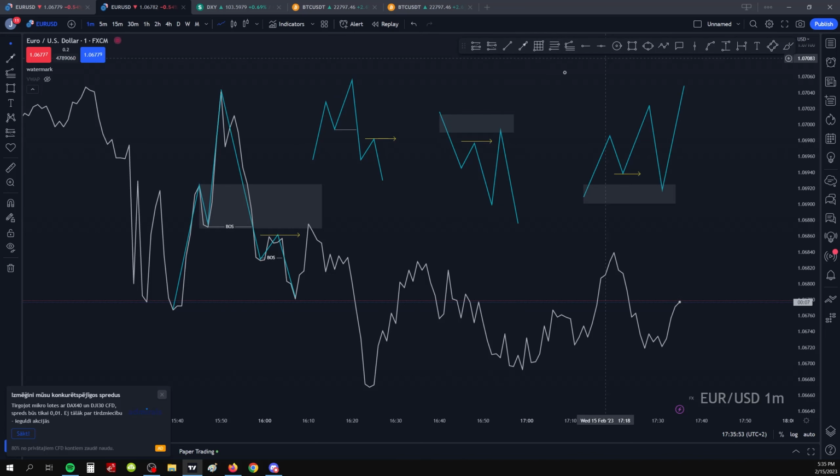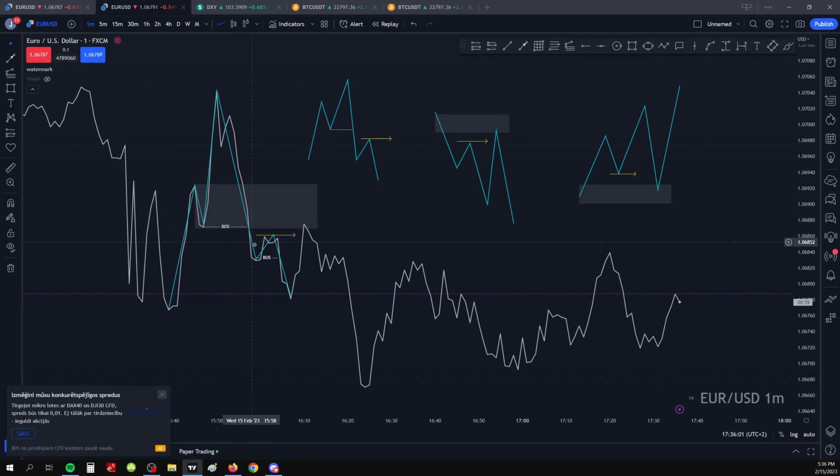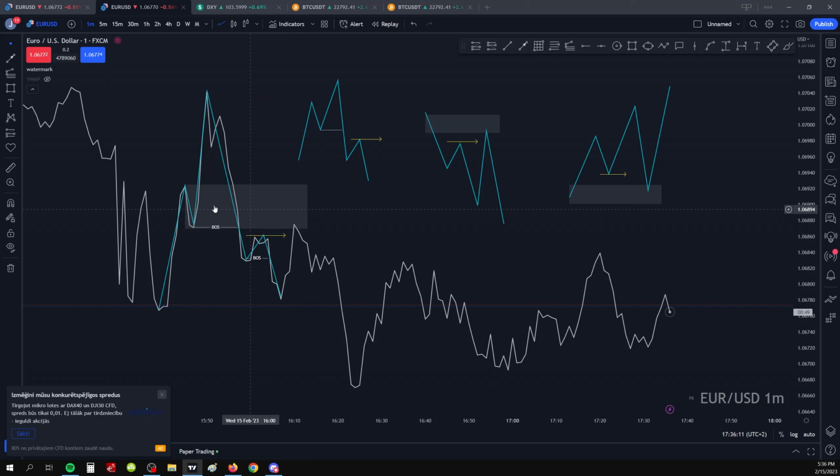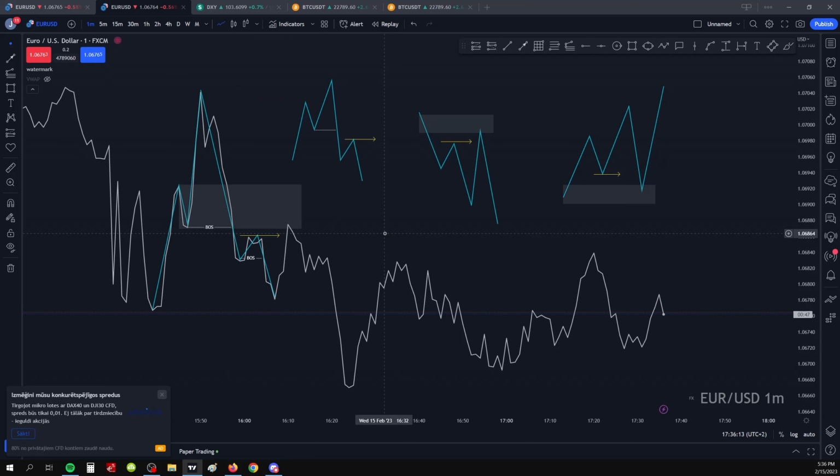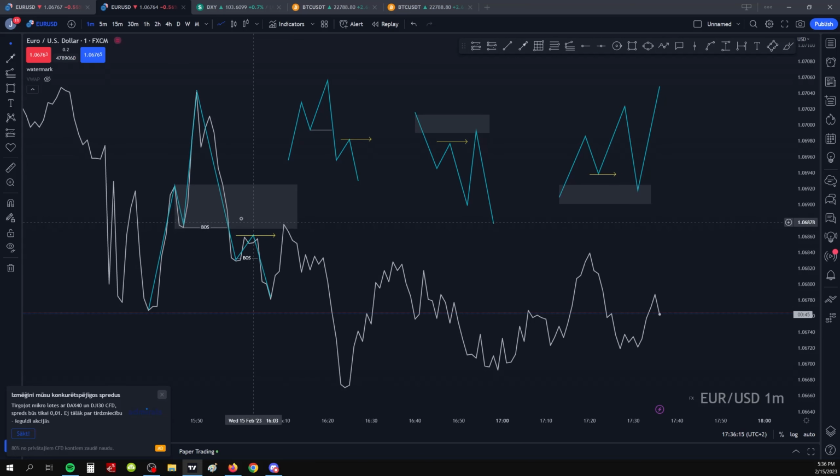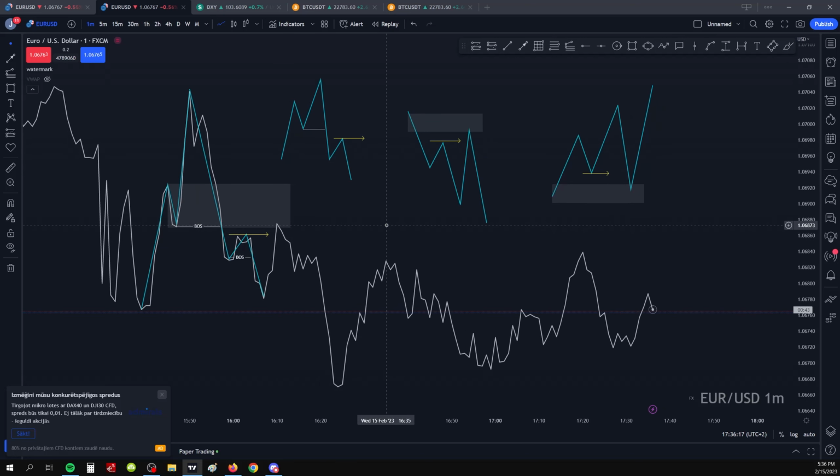The positions that they went long from here. They went long from here, then they went down, and now they have to come back and close these longs and enter more shorts. At least that's what I understand, what mentors have told me, and what I understand from the logic.